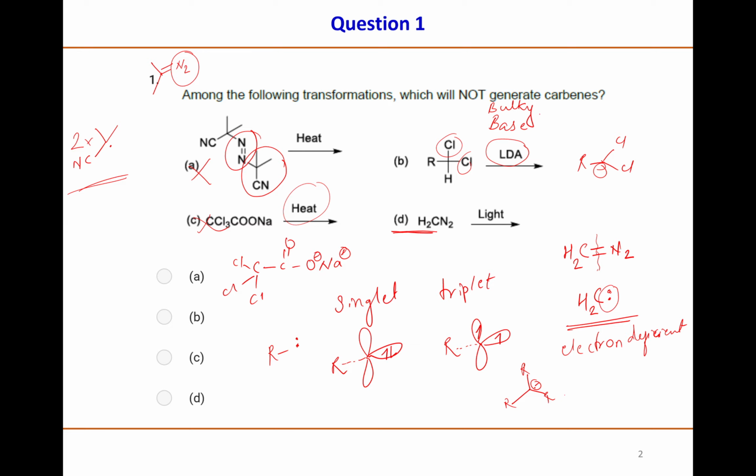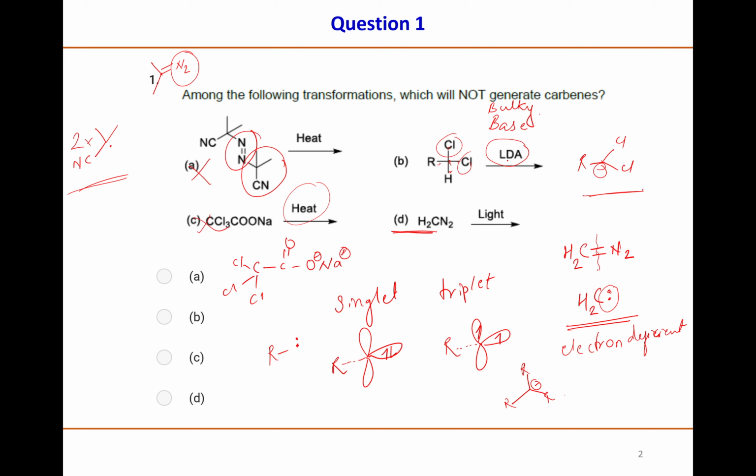Here we also have an example of a carbon anion. When it had 4 bonds like this, each bond is formed by 2 electrons sharing, right?